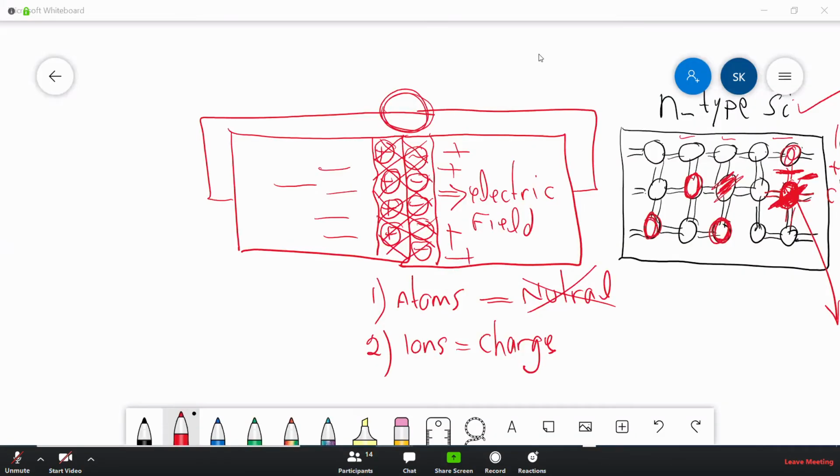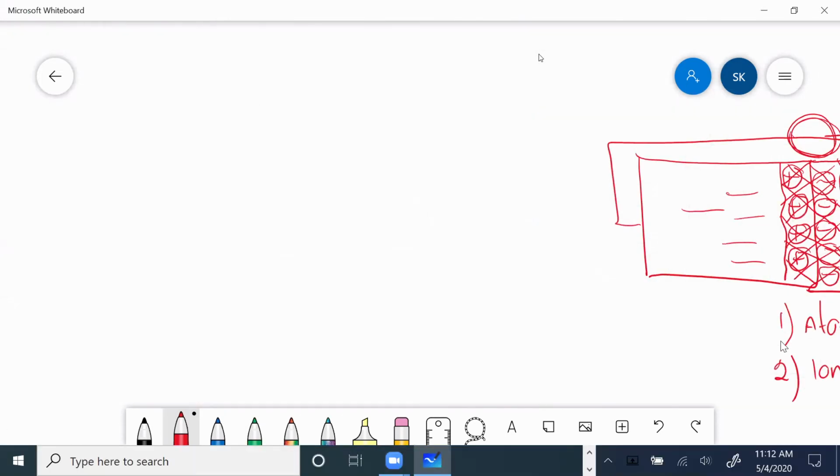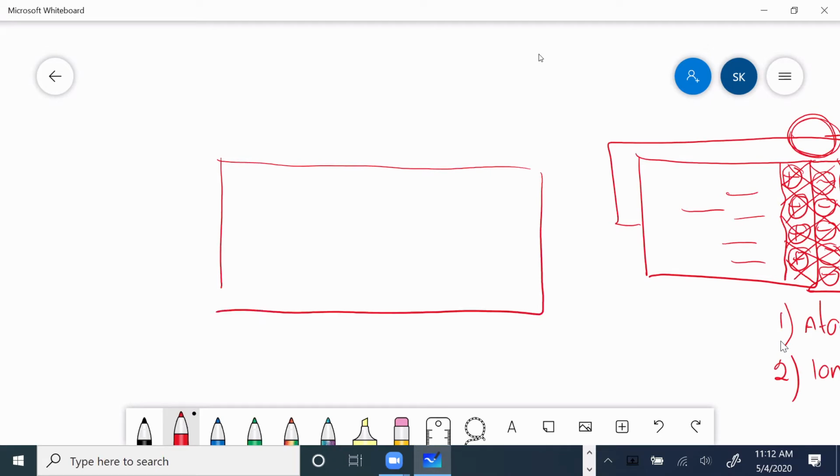Right, again, we have connected these two pieces of material together, and we have created a region in the middle, which we call the depletion region. This depletion region means depleted of carriers. Call it D, and D is for depletion.